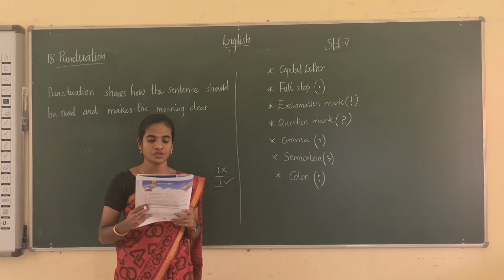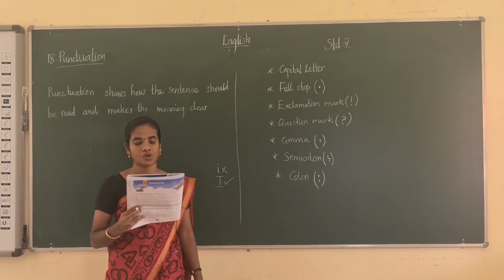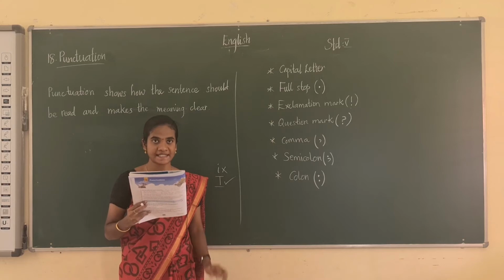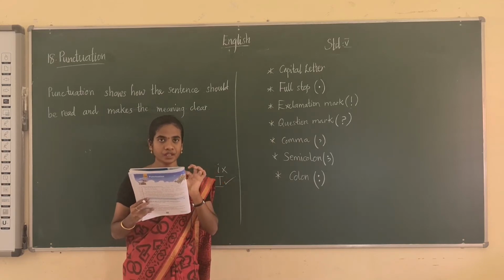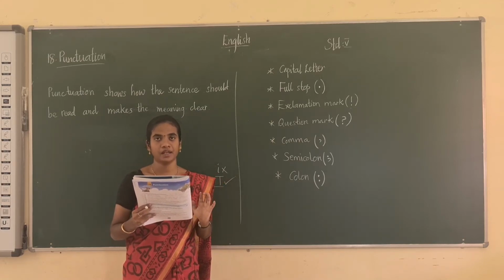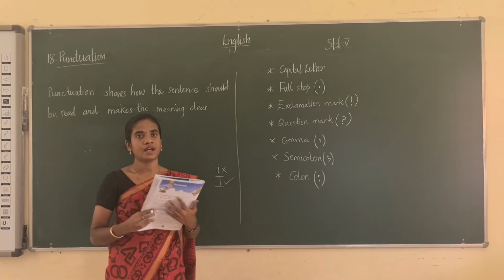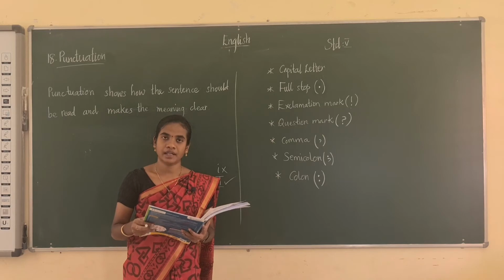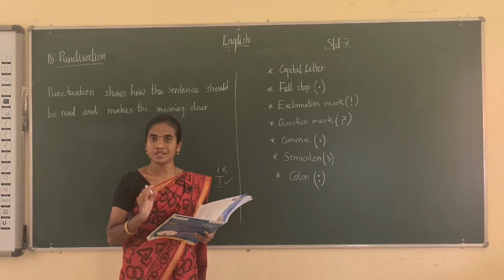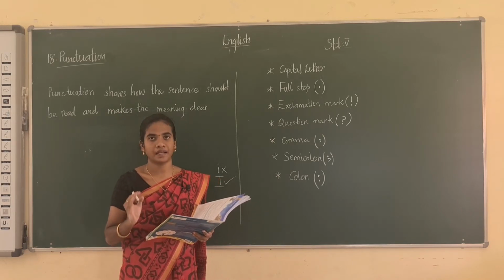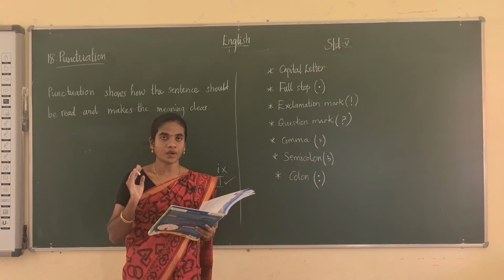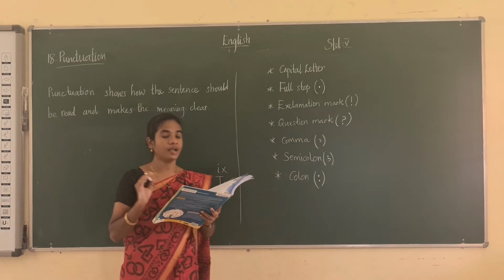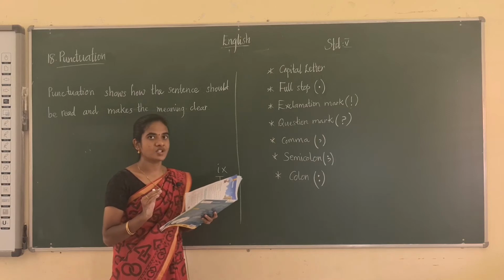Then, Mrs. Malhotra went to the market to buy groceries. Here you have to put a capital M only. Students, are you clear with this? You have to remember the places where we have to use the capital letter. See the next one, full stop. What's the next punctuation mark?